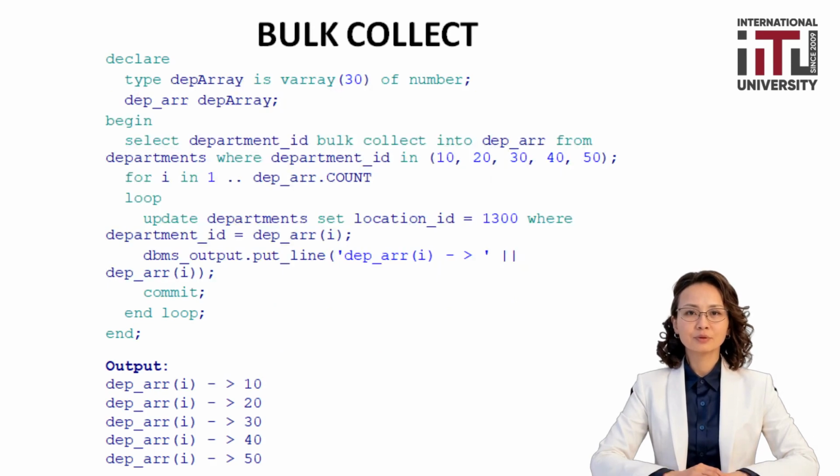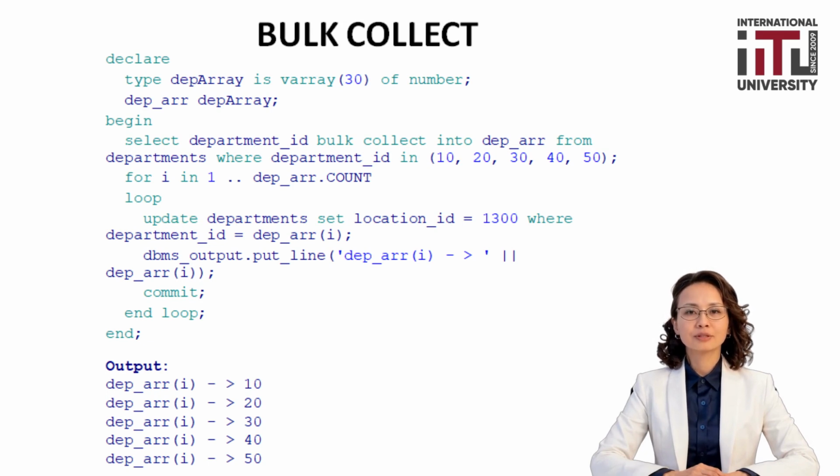In this example, we use BULK COLLECT to retrieve multiple rows from the departments table into an array. We declare a variable dep_ar of type VARRAY to store department IDs, and then select department IDs 10, 20, 30, 40, and 50 using BULK COLLECT INTO.